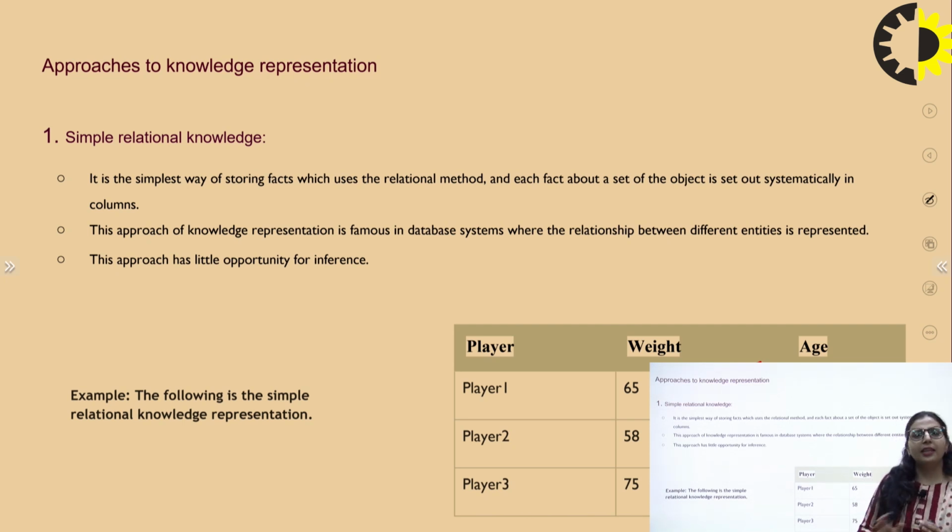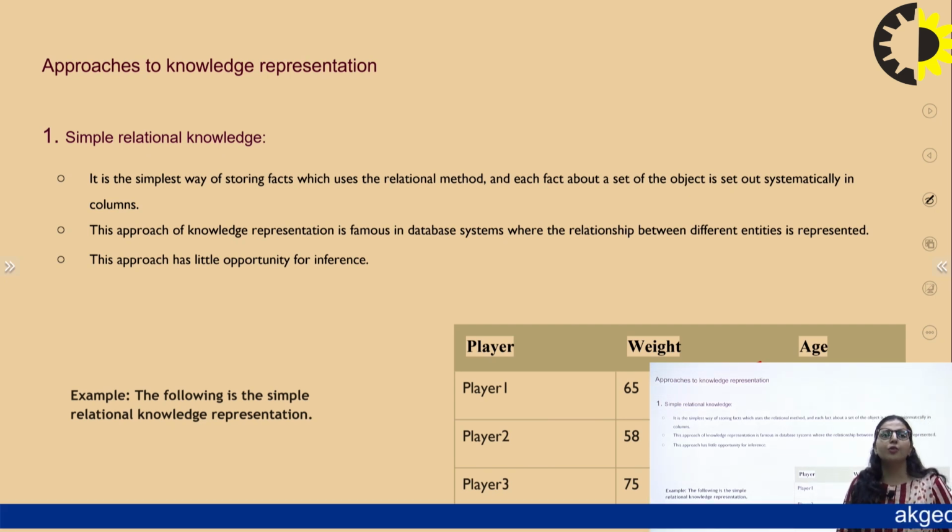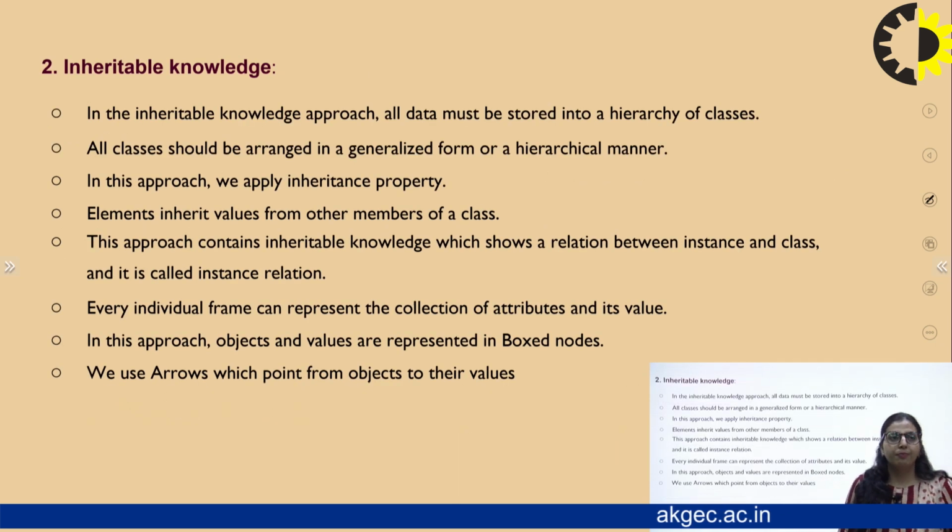We can represent any kind of information about the object in terms of its entities. So this approach is basic. We can also say that this is a database approach in which we use tables to represent the knowledge in a tabular form.